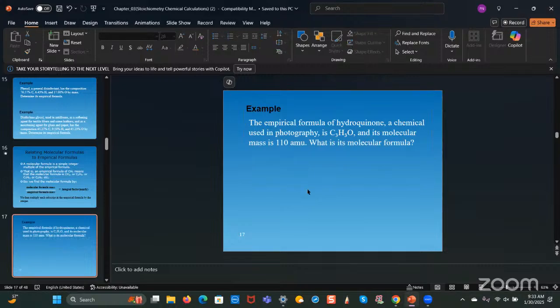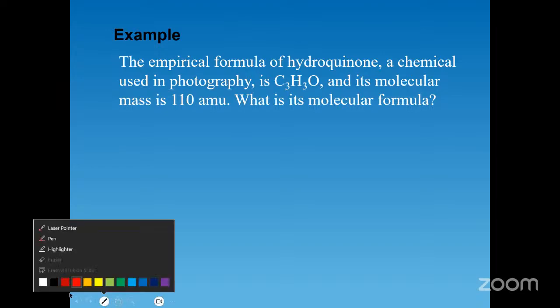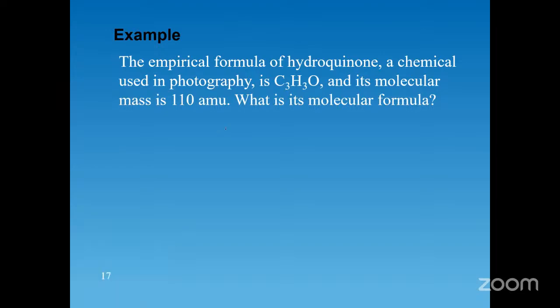Okay, so this question says, the empirical formula of hydroquinone is C3H3O, and its molecular mass is 110 AMU. What is its molecular formula? So very simple.